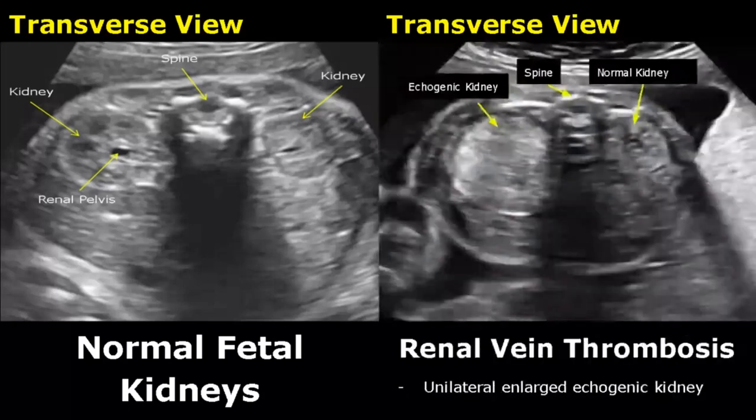Renal vein thrombosis is difficult to diagnose on ultrasound, but it does have some features. One of them is an enlarged echogenic kidney. It usually affects only one kidney.